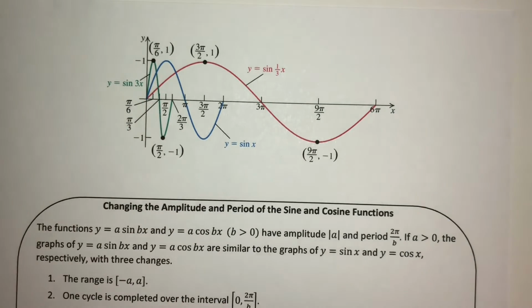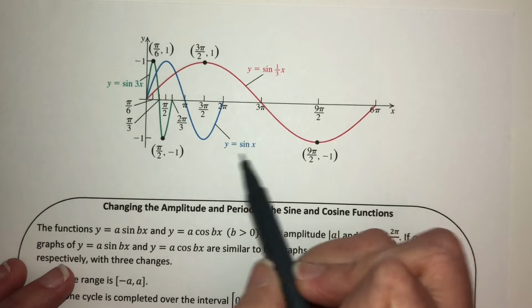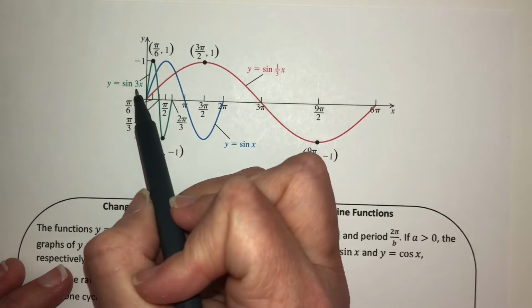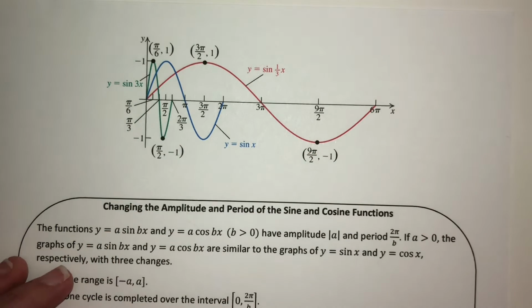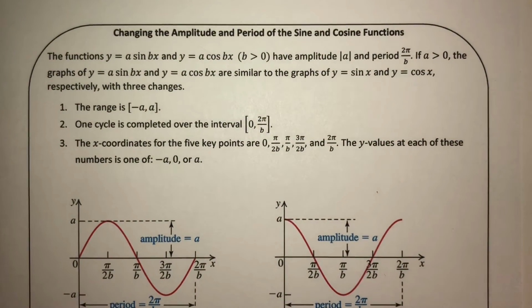Okay? Now what this ends up being is you take the period of regular sine of x, and you divide it by this value right here. And that's true for both sine and for cosine. So here, in general, we combine these things together.